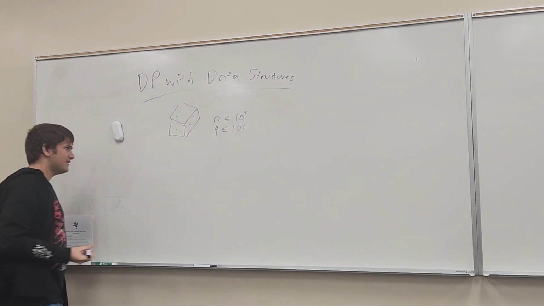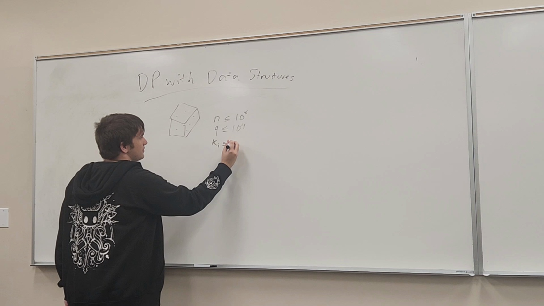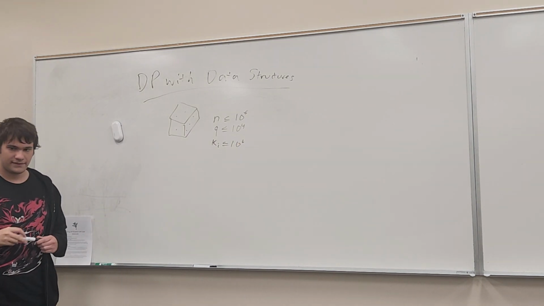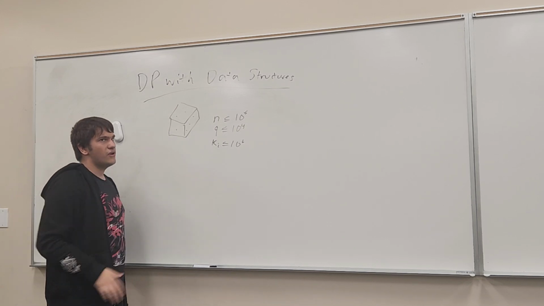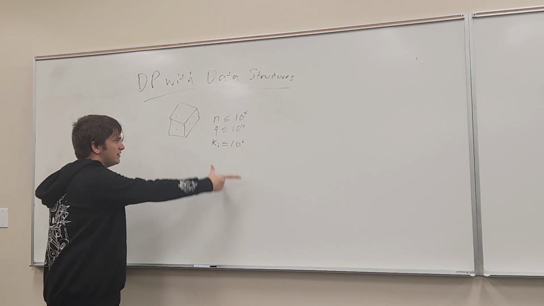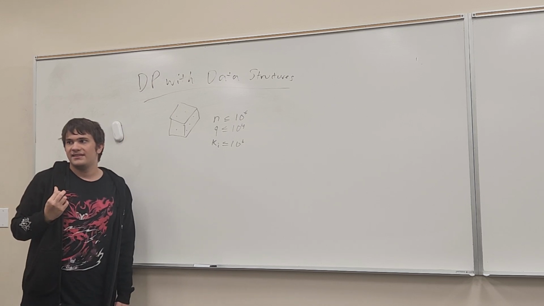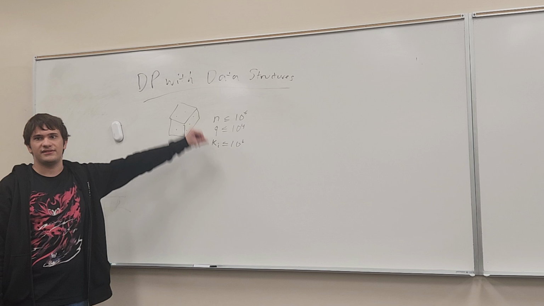Each of these queries gives you some number k_i, which is also up to 10^6. What you're asked is, you're going to keep rolling this dice. You want to find the probability that at some point during the rolling, all of your dice rolls sum up to exactly k_i, and you answer that for each query.